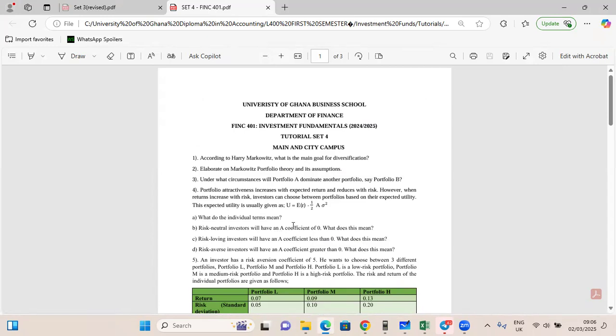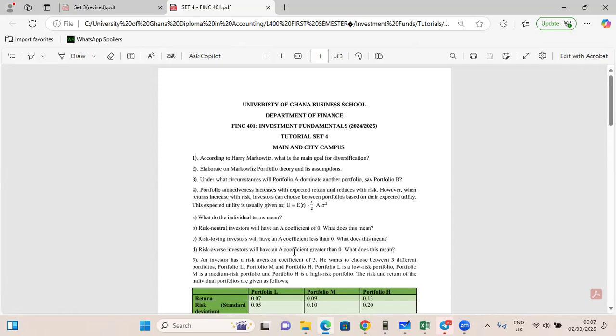So what it means is that they only judge risk prospects solely by the expected rate of return. So their risk is only judged by the return that they are getting. The level of risk is irrelevant to the risk neutral investor, which is no penalty for risk.